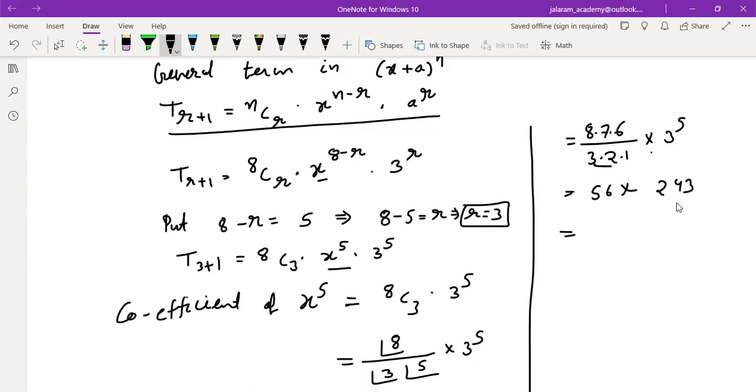Multiply them to get the final answer: 56 times 243 is 13608. Is that clear to you?